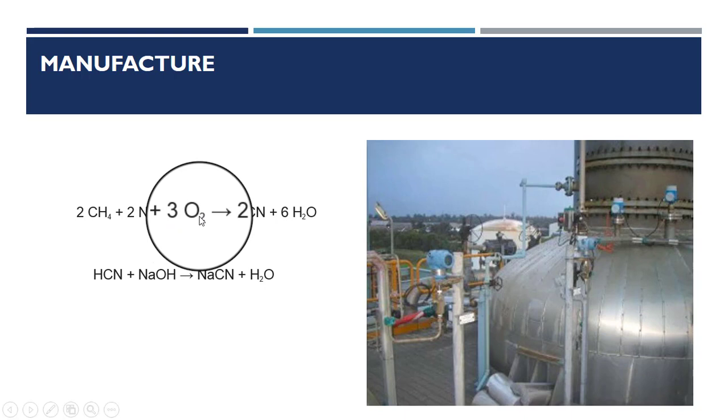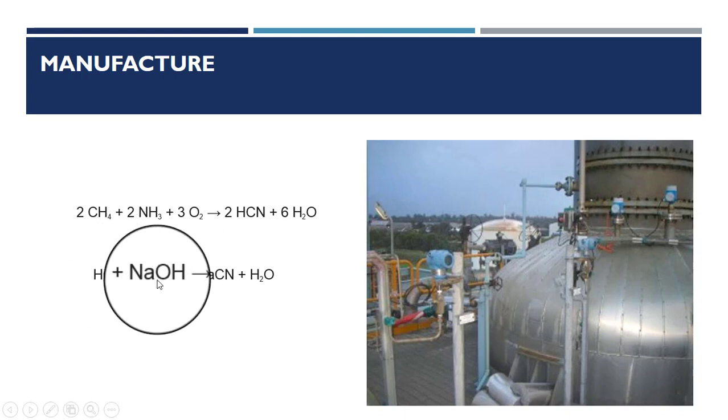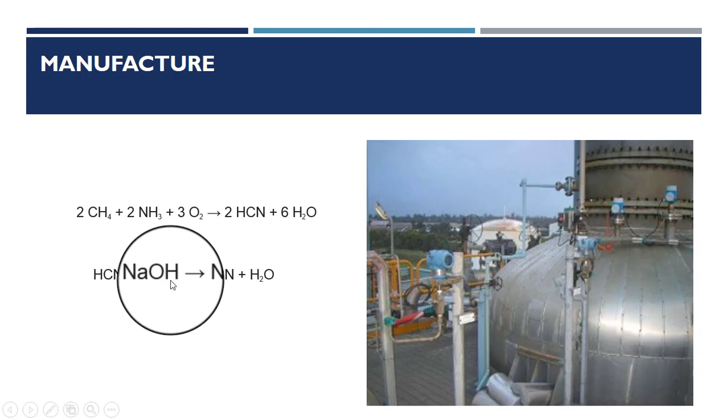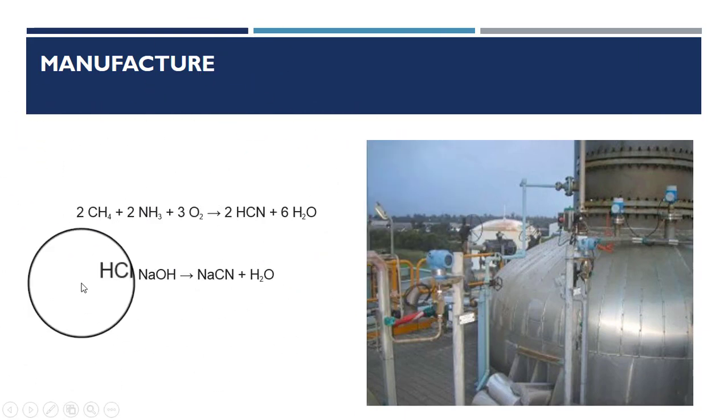Next, sodium cyanide is produced by treating hydrogen cyanide with sodium hydroxide.